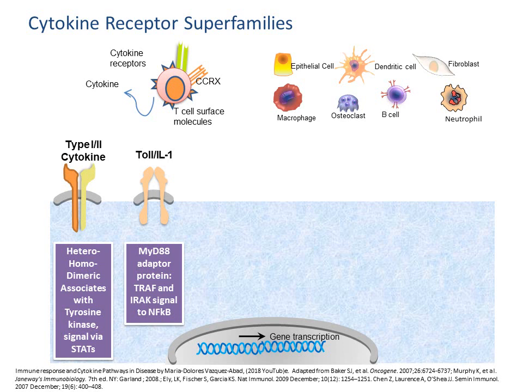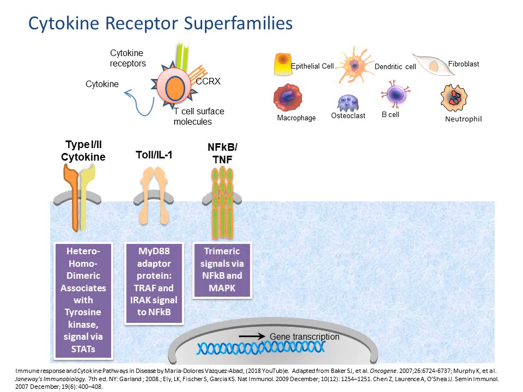It involves MyD88, which is an adapter protein that will produce several intracellular messengers for the signal activation, which is TRAF and IRAK signals, and then they go to the NF-kappa B for gene transcription. So signaling internally, the first one is tyrosine kinase and STATs, and the second one includes TRAF, IRAK, and NF-kappa B.